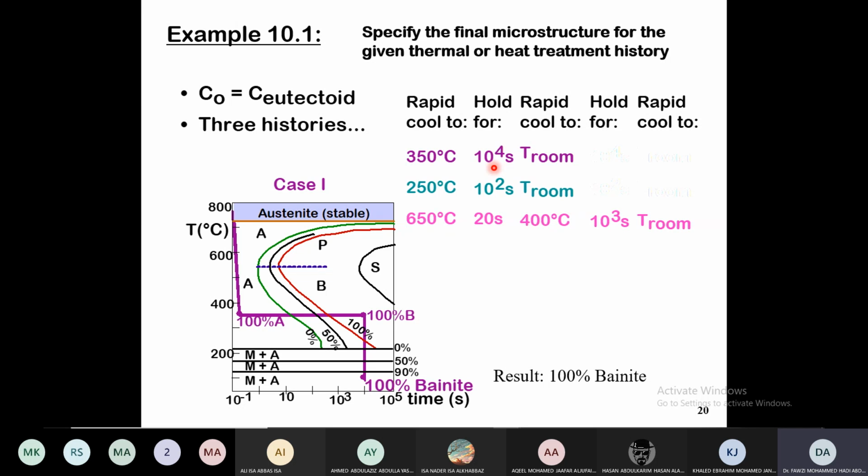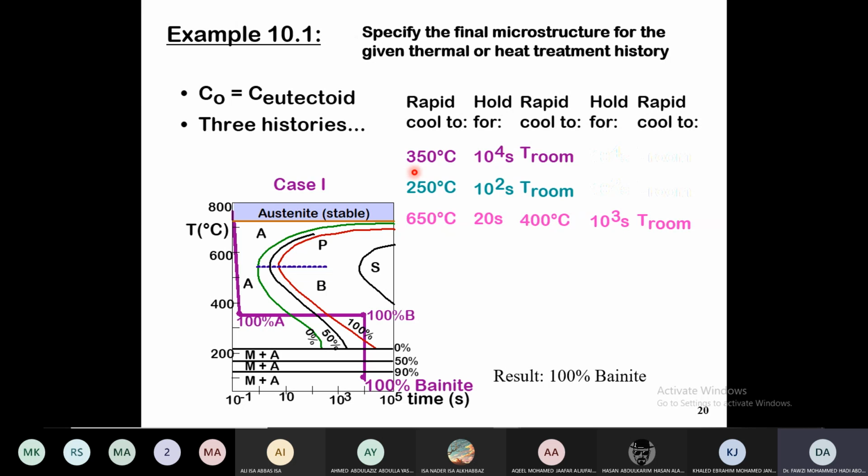That is called the CCT diagram, the continuous cooling transformation diagram, which is different and which we are not covering here. We are dealing with isothermal. So we normally hold at a certain temperature for a while, then rapidly cool, and then hold, and then rapidly cool. It depends on what problem we are having.